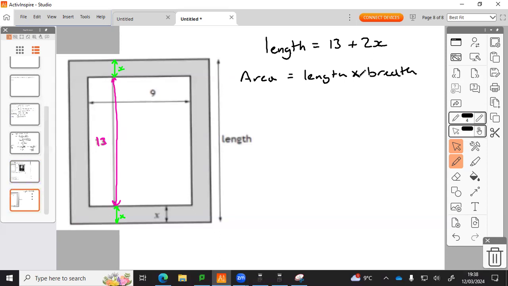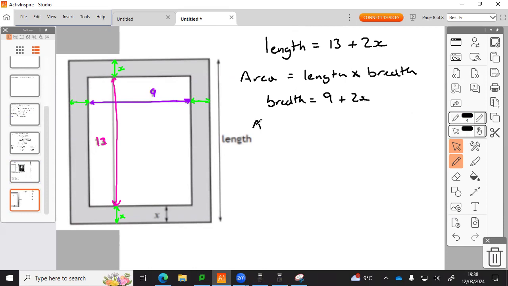Okay, if we get an expression for breadth, how wide it is, then we can multiply it together to get the area. So do we have enough information? Well, we've got the fact that this is 9. And again, we're adding an x on the right hand side and an x on the left hand side. So my breadth is equal to 9 plus 2x.